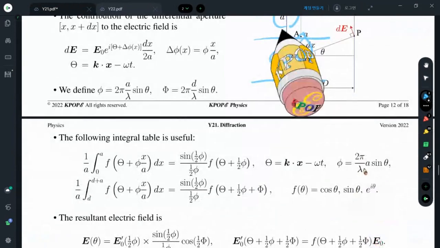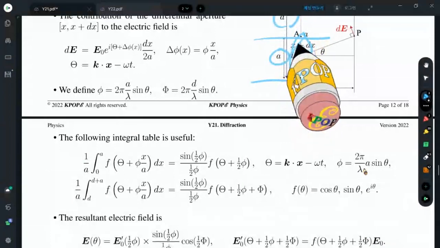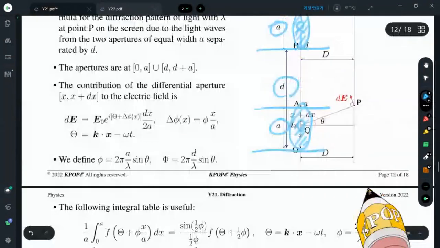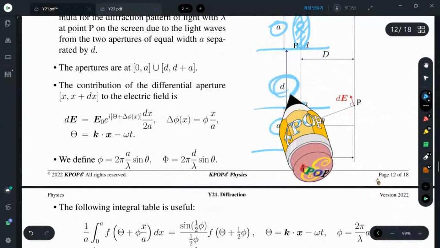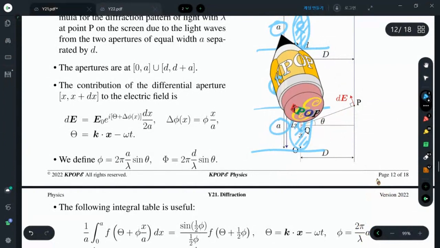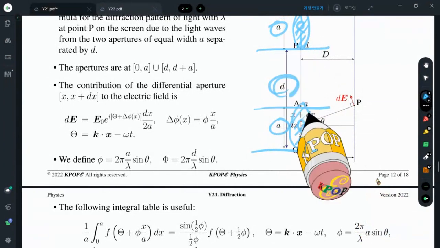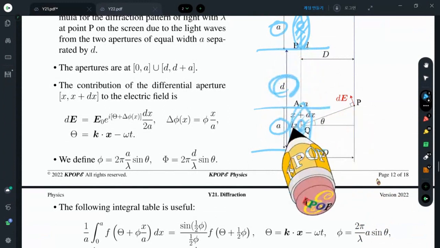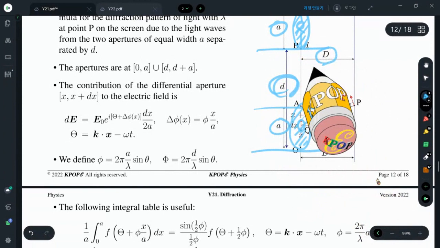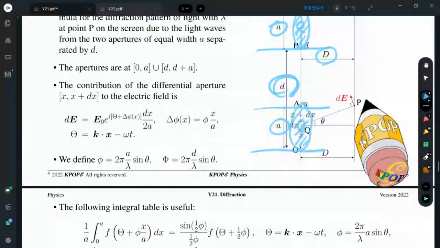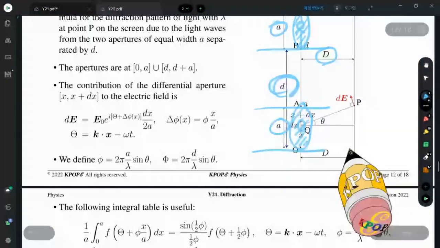Then there are two scales, a and d. Usually we like to consider the case where d is greater than a, and usually much greater than a. Both d and a are much smaller than the perpendicular distance, capital D, from the slits to the screen.